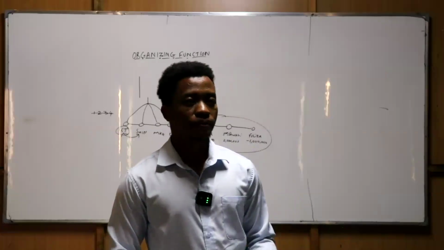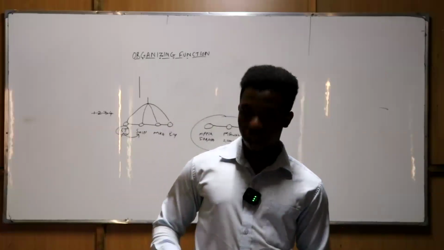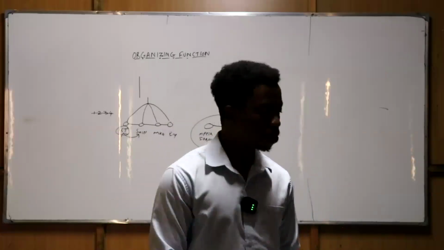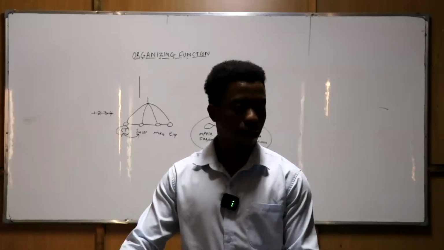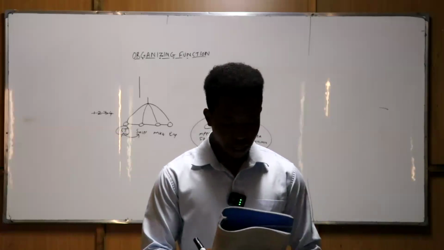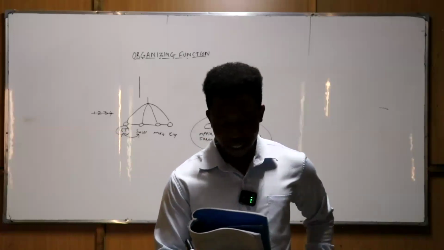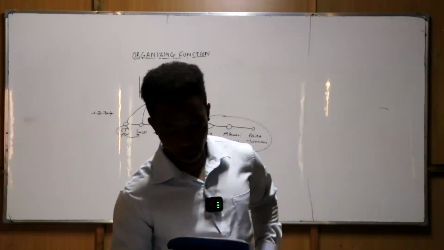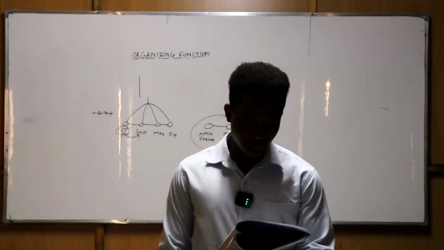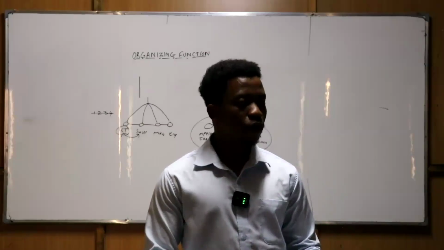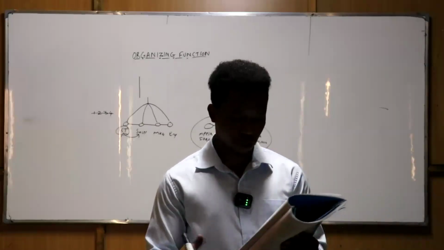So if you have authority in an organization, it means I can tell an employee, stop what you are doing, do this, deal with this one first, leave that one. Then power is the ability to exert influence on a person, object, or situation. So basically, if you have power, you exercise authority.